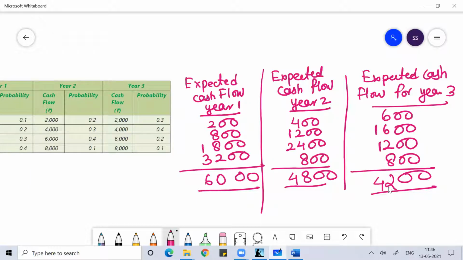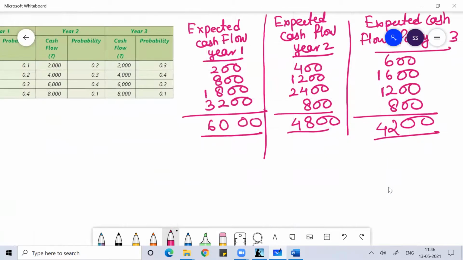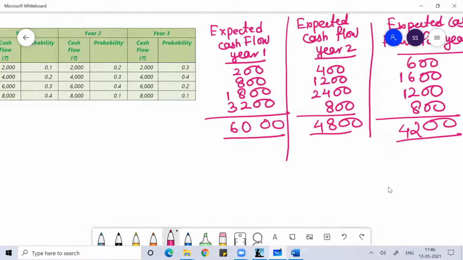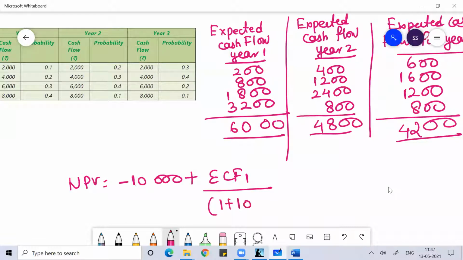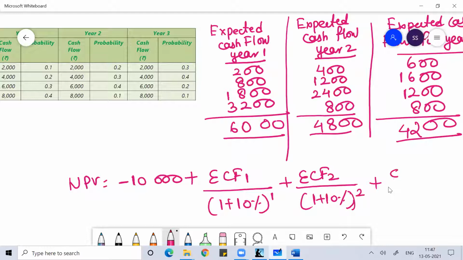Once I have these expected cash flows, I know the discounting rate is 10% and the initial investment is 10,000 rupees. So I can find the NPV of the project. NPV of the project is minus 10,000 plus the expected cash flow for year 1 divided by 1 plus the discounting rate of 10%, plus the expected cash flow for year 2 divided by 1 plus 10% to the power 2, plus the expected cash flow for year 3 divided by 1 plus 10% to the power 3.